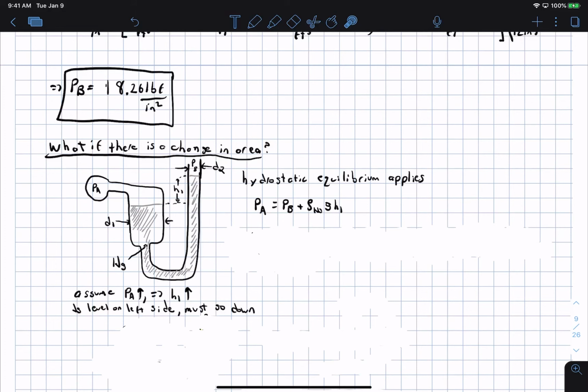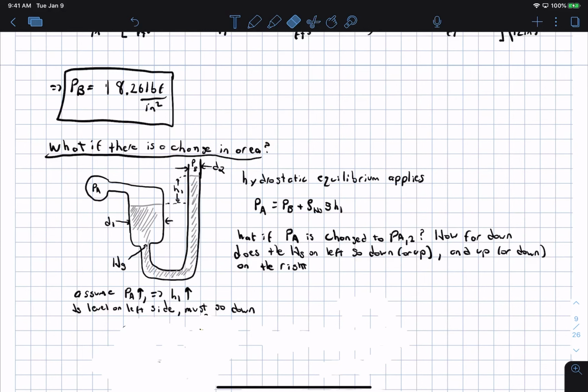Then you will monitor the change in the elevation due to a change of the pressure in A. Okay, so that means what if PA is changed to some new pressure? How far down does the mercury on the left side go down, or how much does the mercury on this side go up?